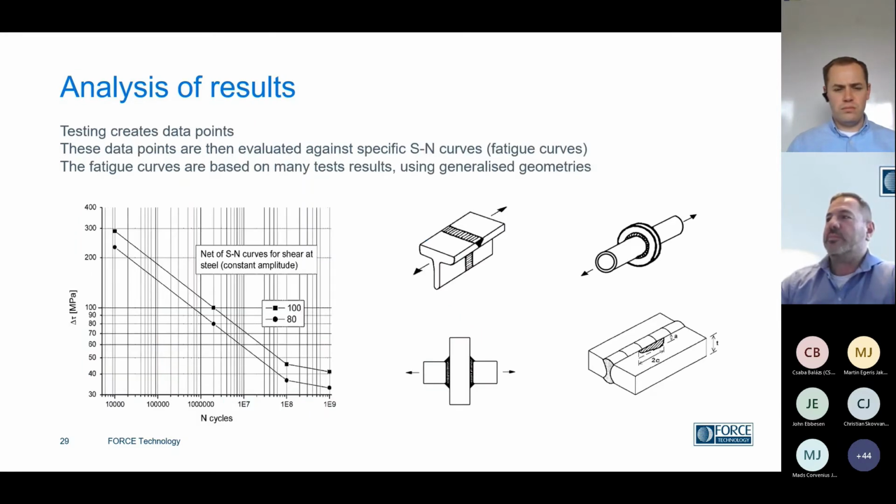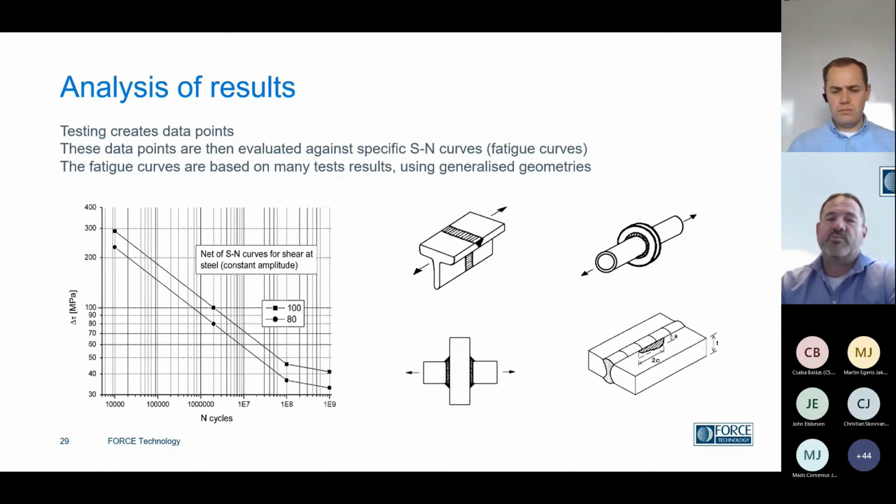Now, if we look at something more realistic, what we see here is something that was developed for welds. And on the right-hand side, you see all these test samples. So they did many tests using standardized geometry samples like this.